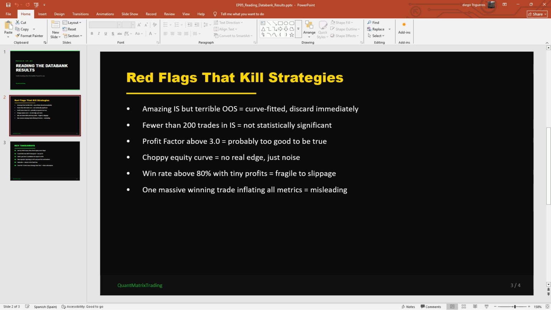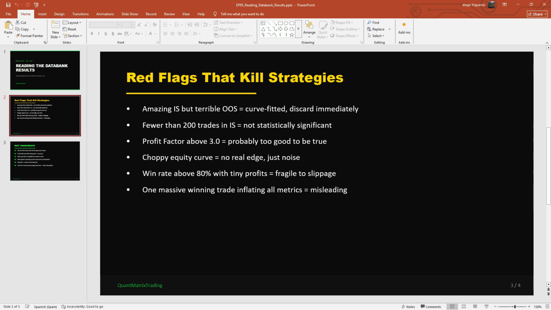I don't like strategies with less than 200 trades in sample, because statistically it's not significant. You need to check as well that in 1 year, 200 trades is a lot. That's why I choose a lot of years, from 2010 until 2023.